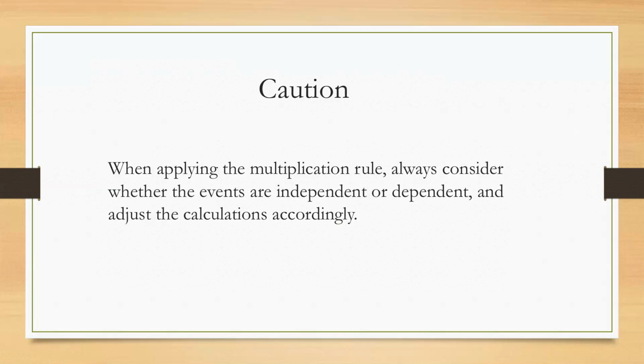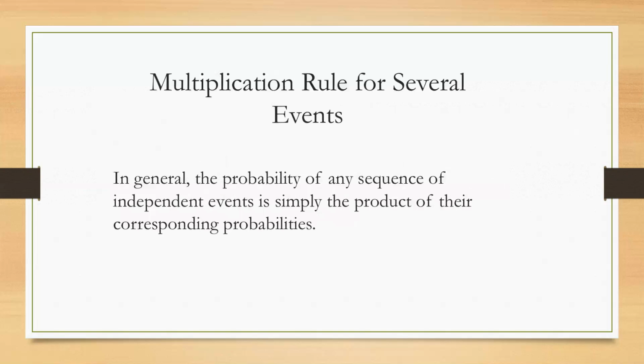But let's say you're walking with somebody and you're holding their hand and they trip. And then your probability of tripping might be higher because you are somehow or other connected with them. And therefore the probabilities of you two are not independent. So in general, the probability of any sequence of events is simply the product of their corresponding probabilities when they are independent. You just multiply them across.